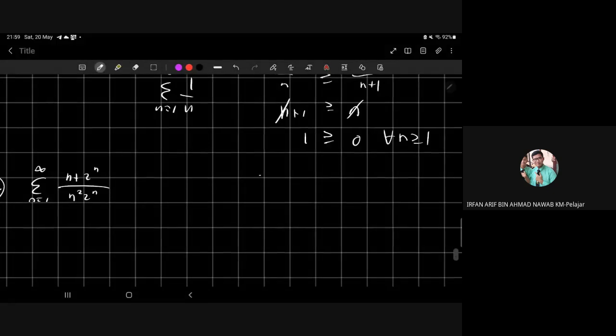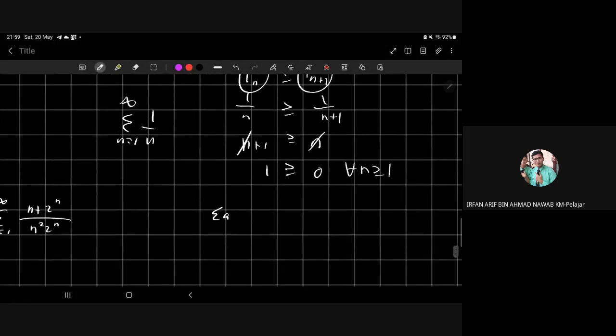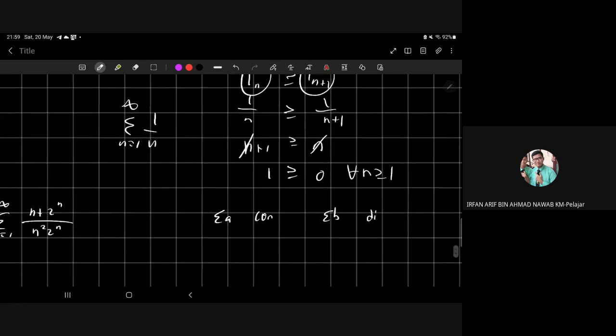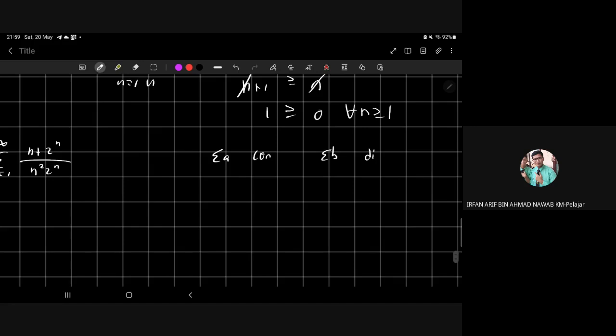So series A converges, B diverges. What happens if we take a convergent series plus or minus a divergent series? If you go back to the previous theorems about the properties, you will be surprised that the resulting series diverges.